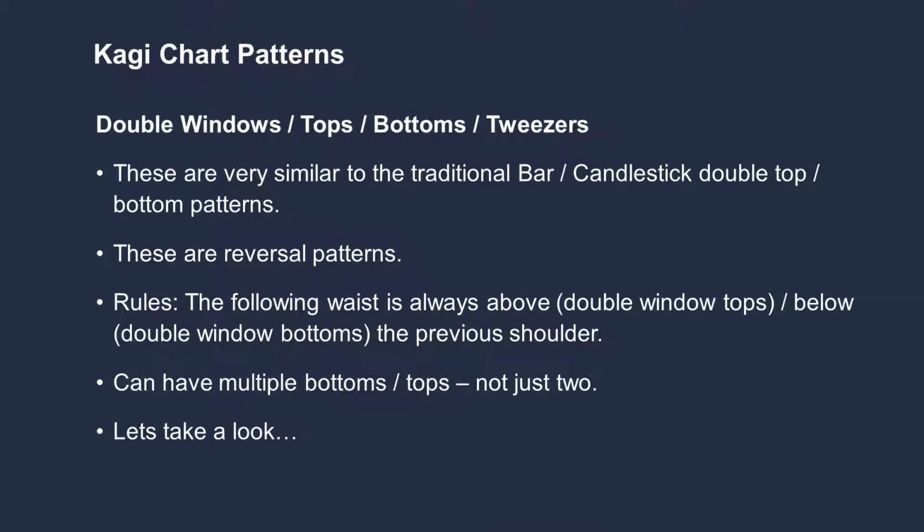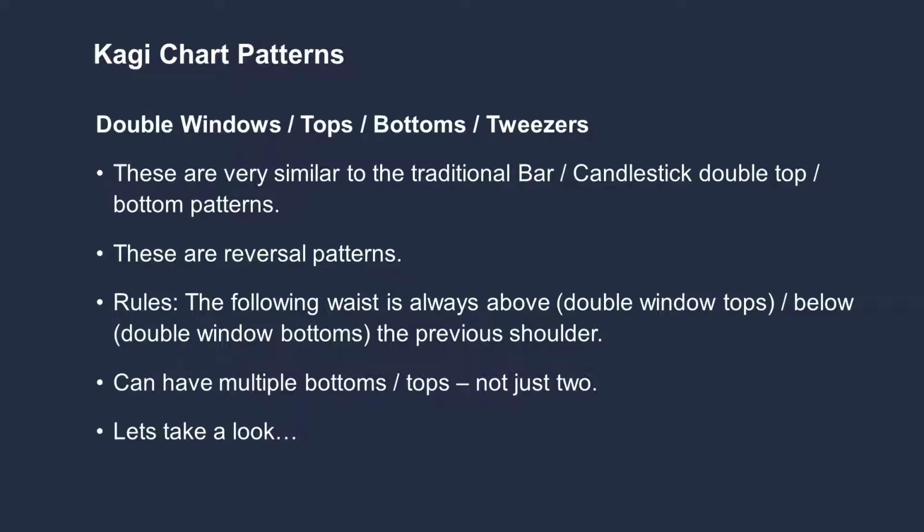Now if you're familiar with technical analysis, the Kagi chart pattern has double window tops and bottoms, or sometimes known as tweezers when they're at their high, for obvious reasons as you'll see in a moment.